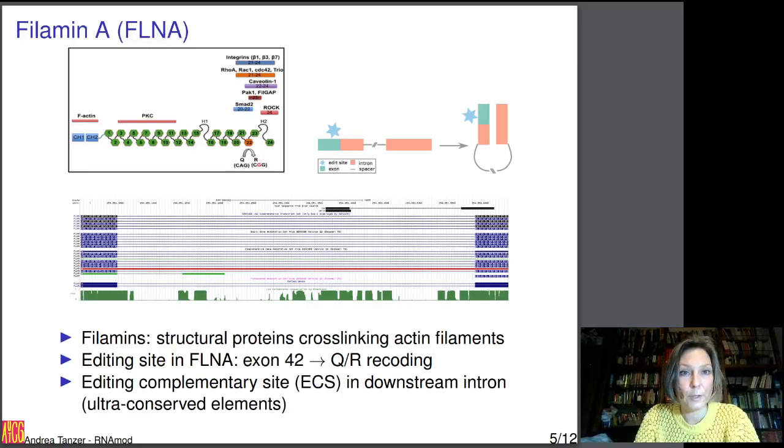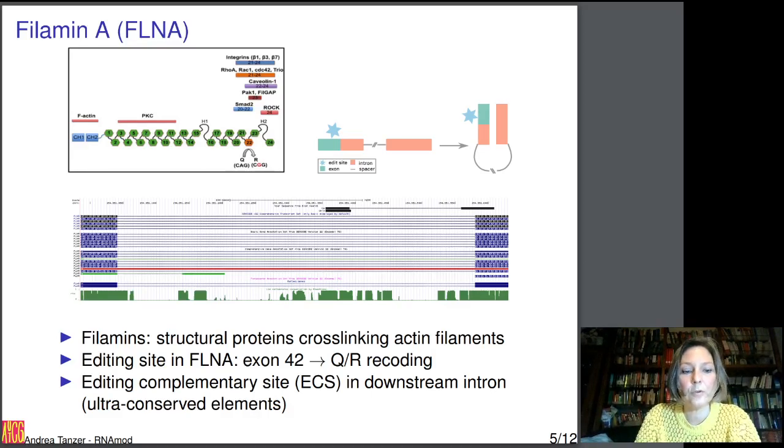For instance, the filamin genes, which harbor an RNA editing site in exon 42, which leads to a recoding event from Q to R. And the respective target structure has been proposed to be formed between the exon and the start of the intron, as well as a further downstream region in the intron which resides in an ultra-conserved element, giving rise to a double-stranded RNA structure which is recognized by ADAR.